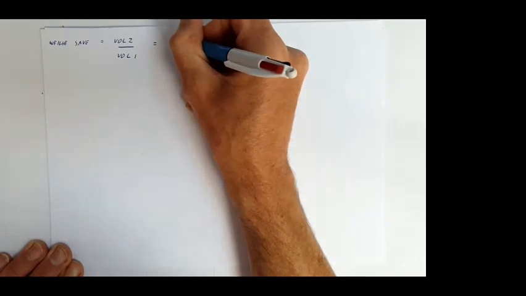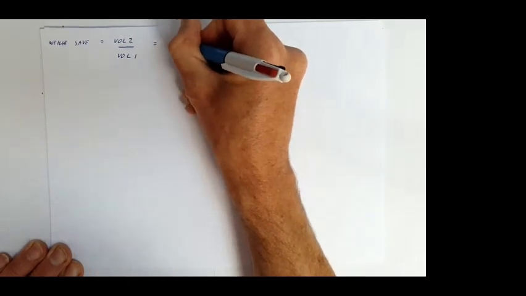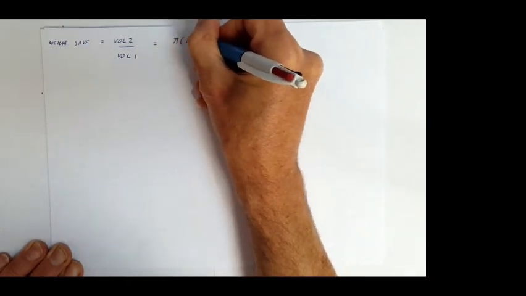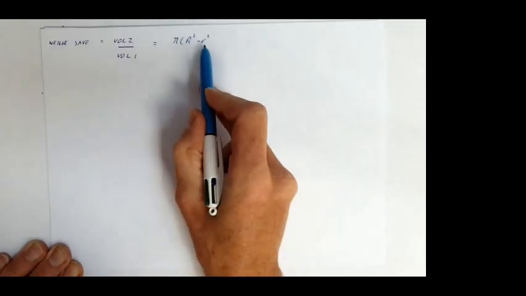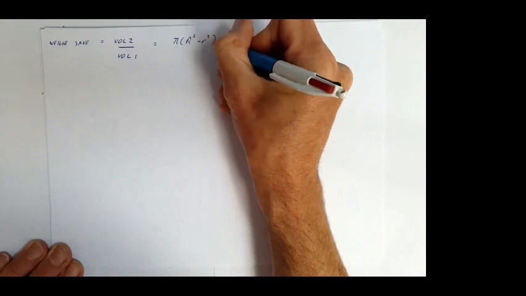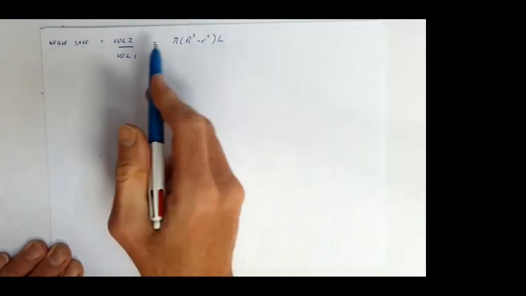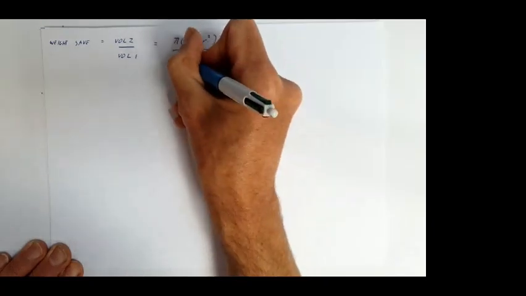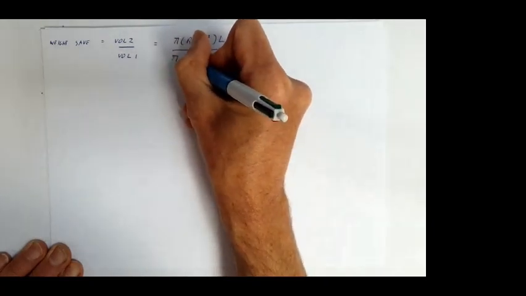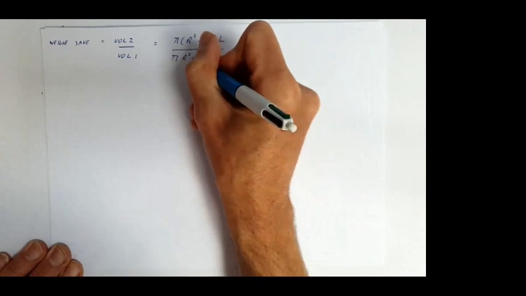Our second volume is going to be π(R squared minus r squared) times the length. Big R is the outside radius, small r is the inside radius. That's the new volume. And the original volume is going to be πR squared times L.